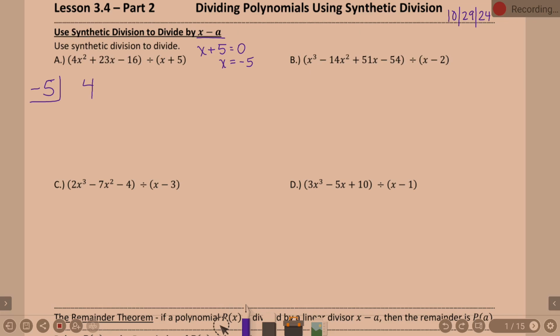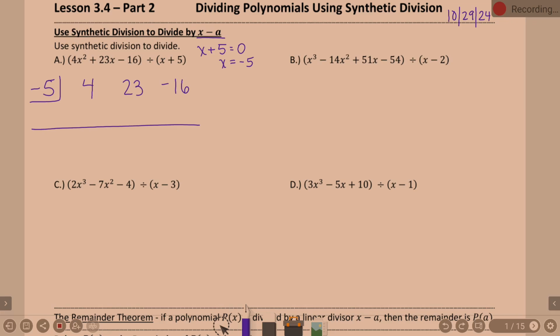The x to the first term is going to be represented by 23, and the constant term is represented by negative 16. I'm going to leave room to put a row of numbers, and then I'm going to draw a line. I'm writing kind of big, I'm realizing. Okay, this is our setup for synthetic division. Are you with me?